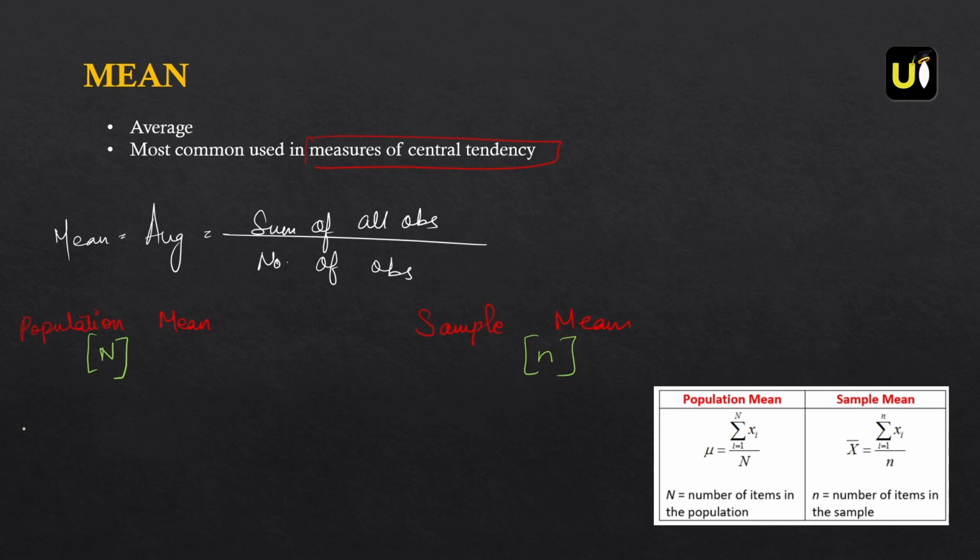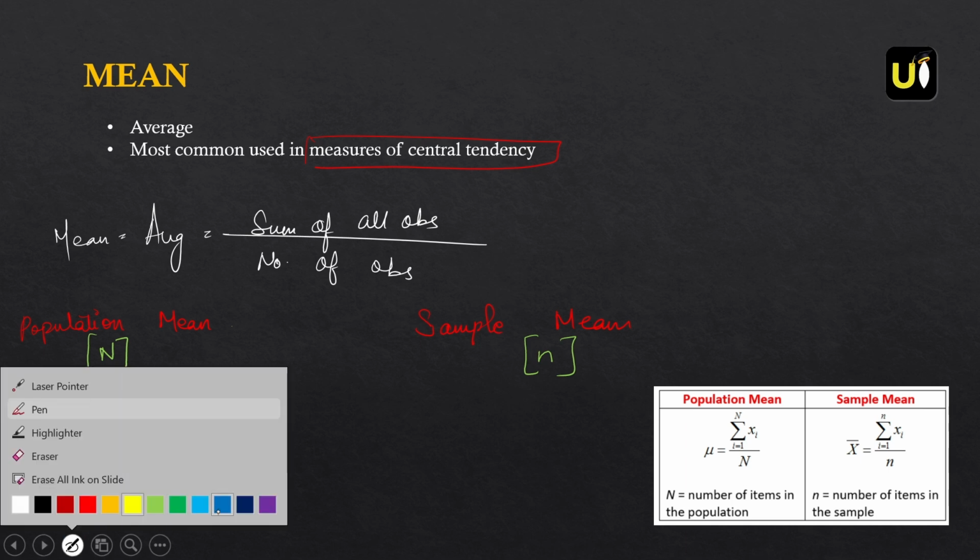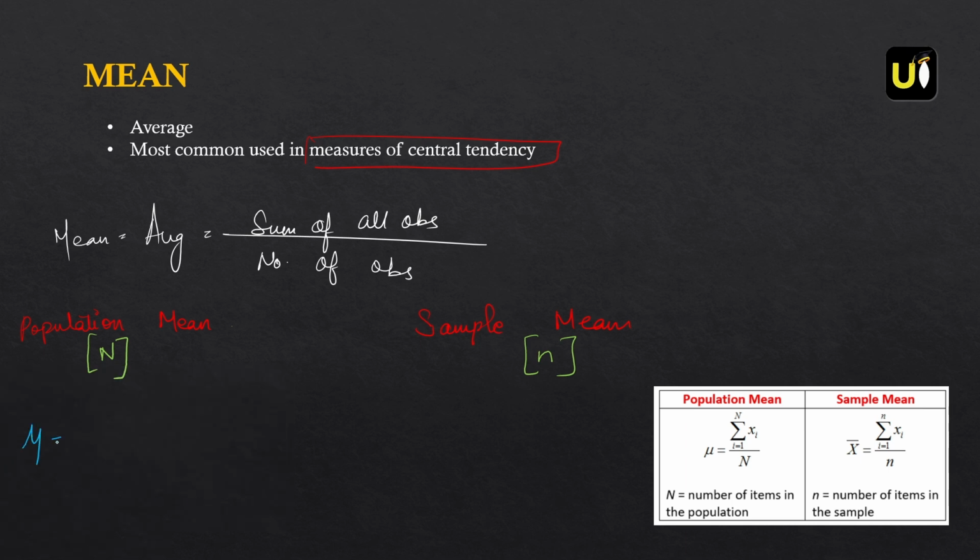All right, so here population mean mu is equal to the sum from i equals 1 to N of xi upon N, and here sample mean is equal to the sum from i equals 1 to small n of xi upon small n.